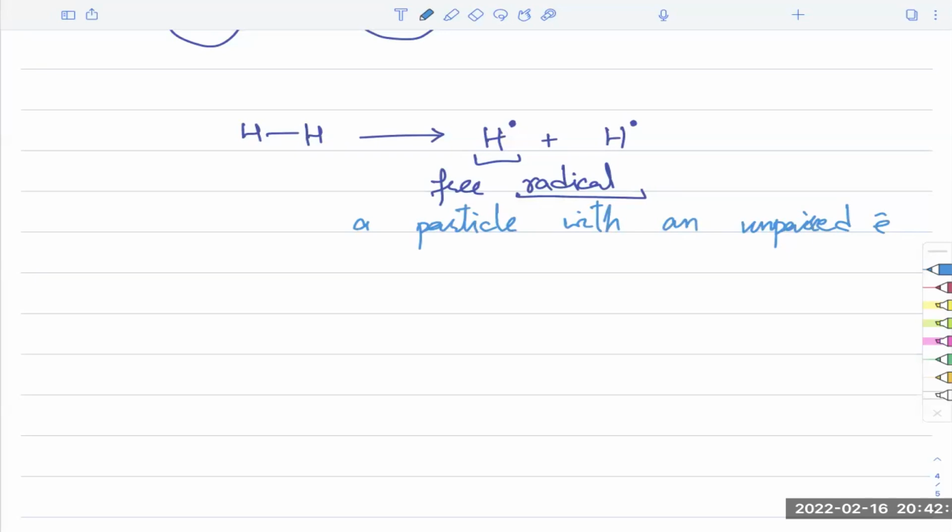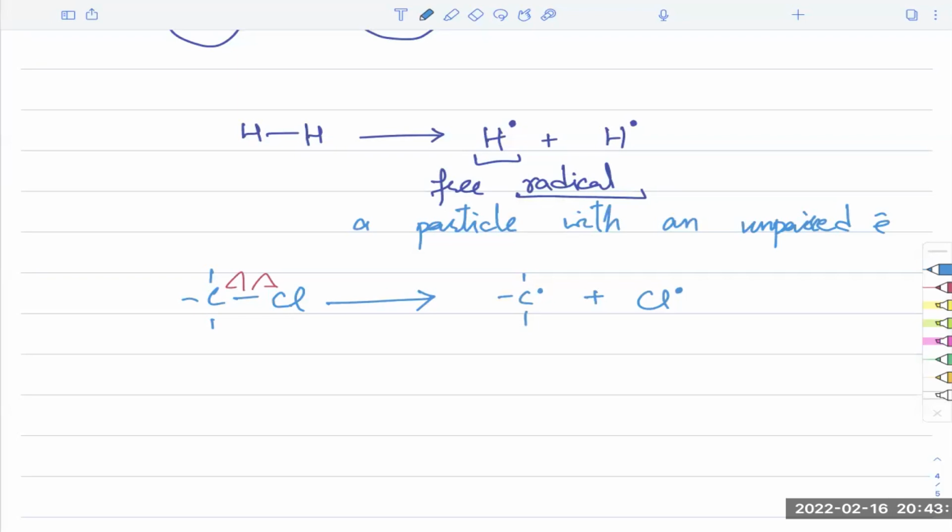For example, if I take this compound and I break it through homolytic fission, so that this gets 1 electron and this gets 1 electron, then I'm going to get CH3 with an unpaired electron and Cl with an unpaired electron. So I've created 2 radicals, and they're free radicals. Usually we call them free radicals because they're free to move around. And this one is chlorine radical, that one is methyl radical.